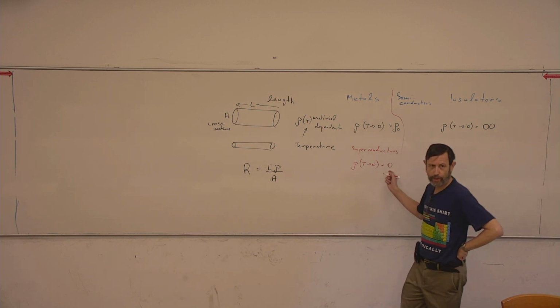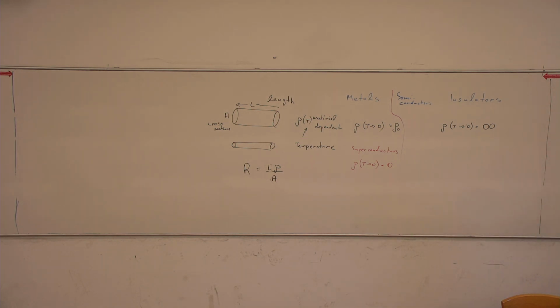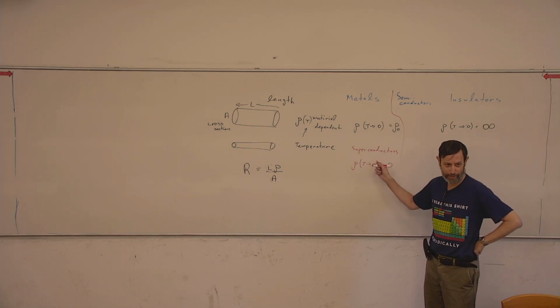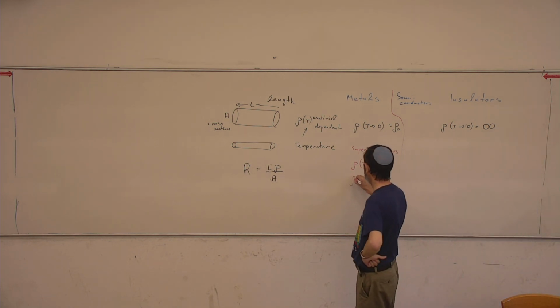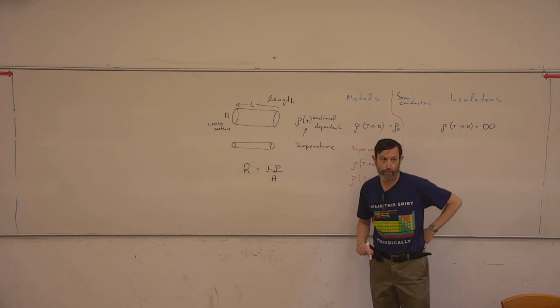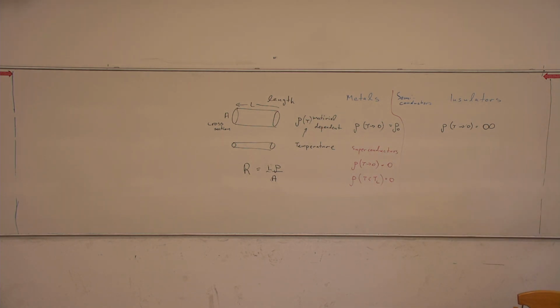If it would have been superconducting only at 0 temperature, it's very hard. Well, it's actually impossible to be exactly at 0 temperature. What's special about superconductors is that this is fulfilled for some temperature which is below a temperature known as the critical temperature.